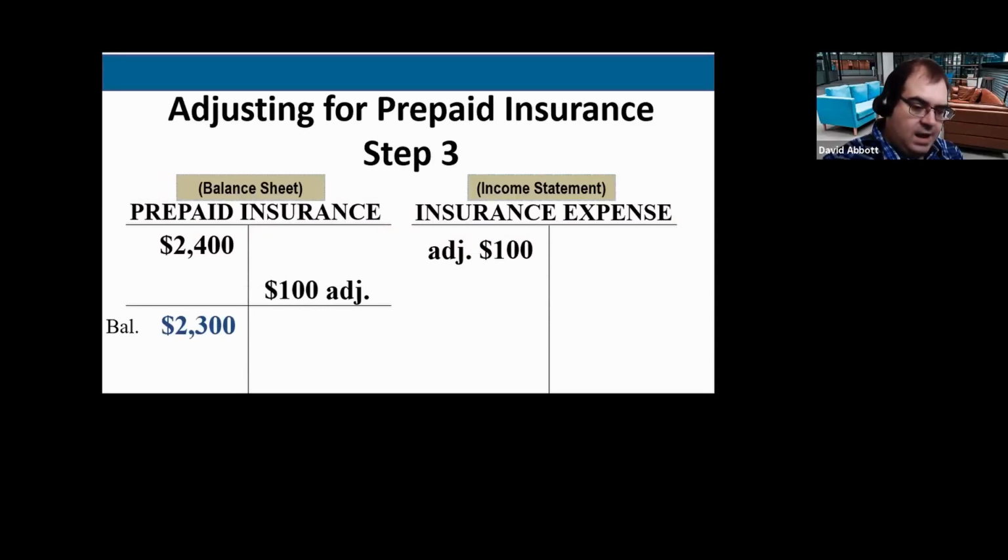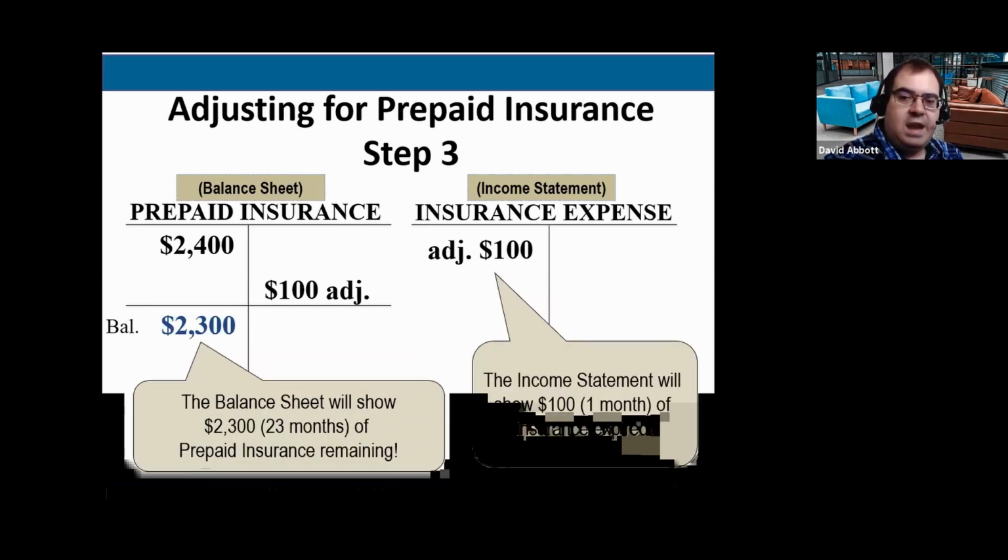So we see that the adjusting entry to record the expense will reduce the asset. After the adjustment, the prepaid insurance account will show the correct balance of $2,300 on the balance sheet side, and the insurance expense account will report the correct amount of expired insurance that we've used, which is $100.